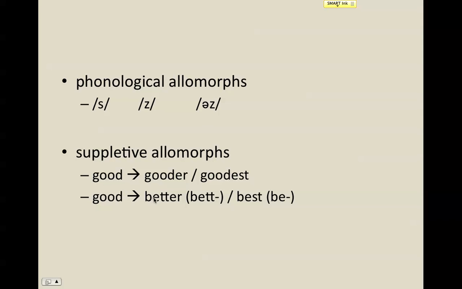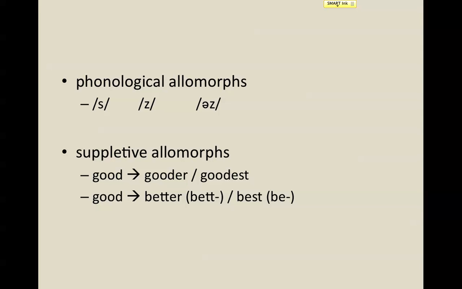So from good we come to bet as the morpheme, and then we would have to add the inflectional morpheme to show comparison. And then good would also change to be before we added the est inflectional morpheme to show superlative.